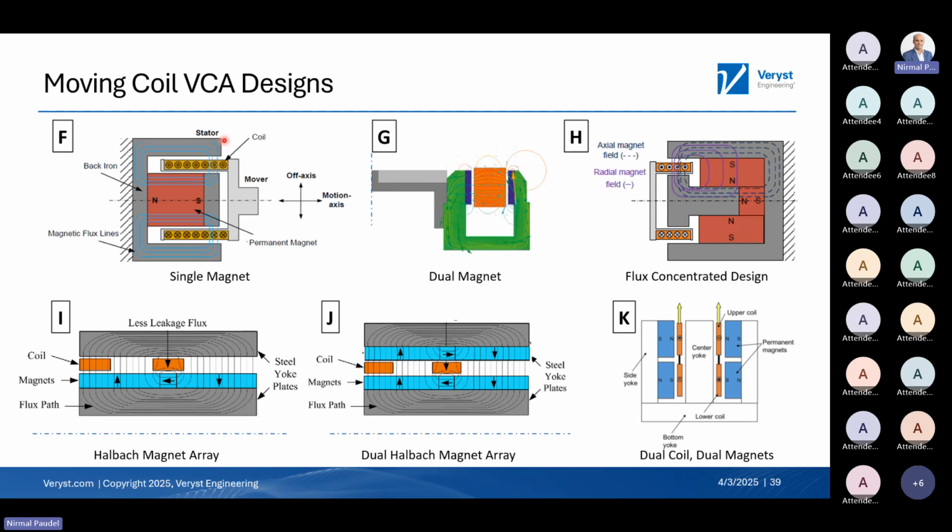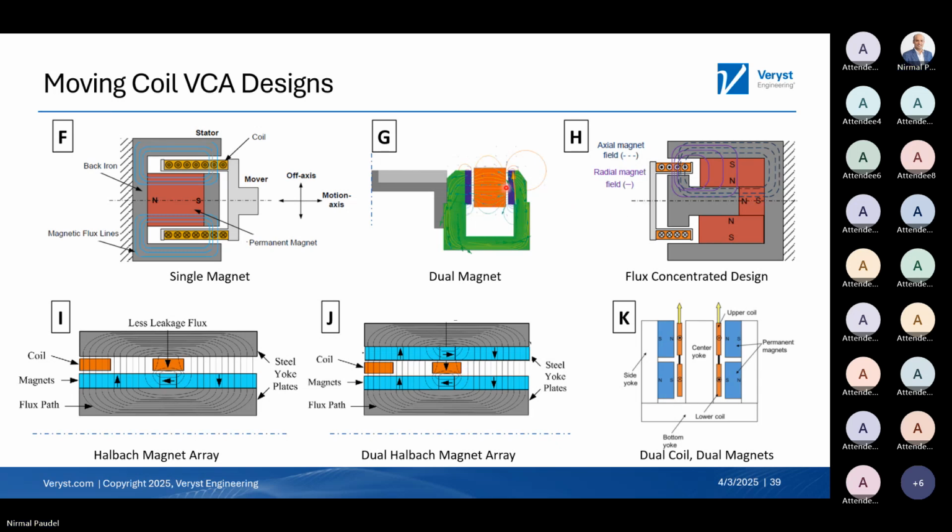Now the opposite: earlier we had a moving magnet, but now we have a moving coil VCA. We have a coil attached to the mover, and then a north-south magnet and magnetic material. Same thing here, we have Halbach array combinations, a bigger magnet and a smaller magnet in the middle, trying to minimize the leakage flux at the center of the second coil.